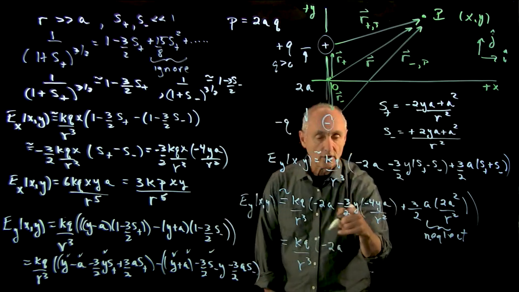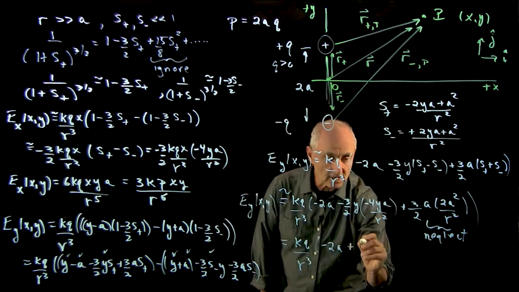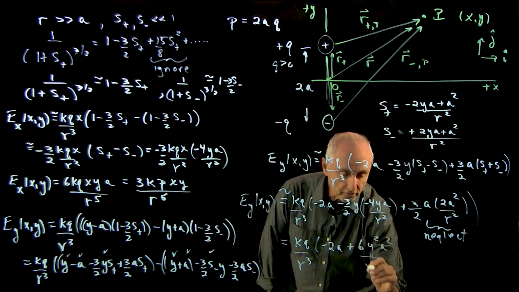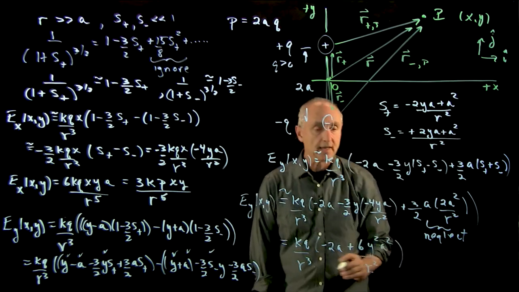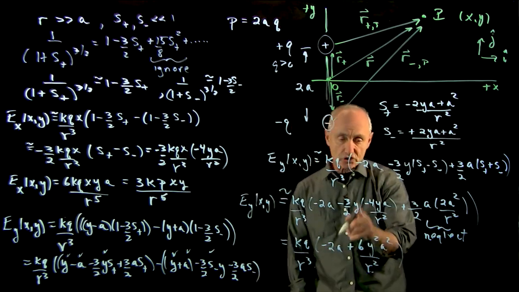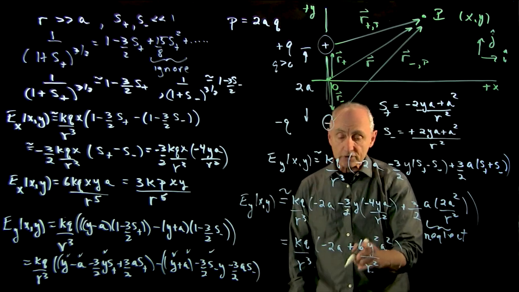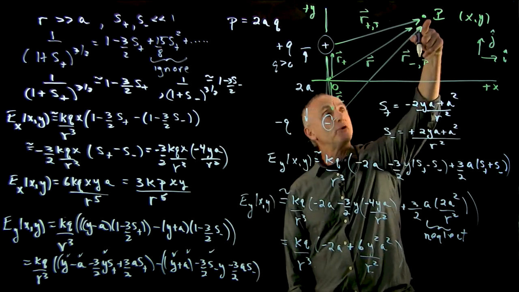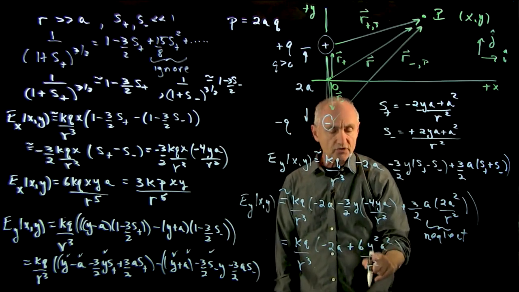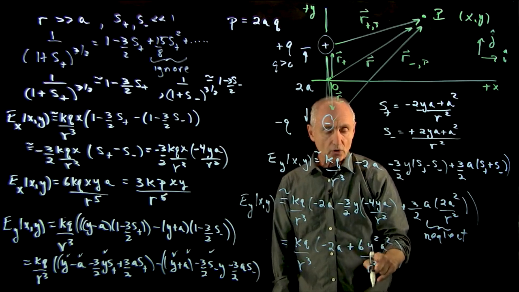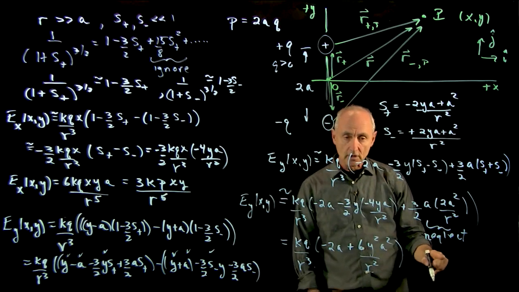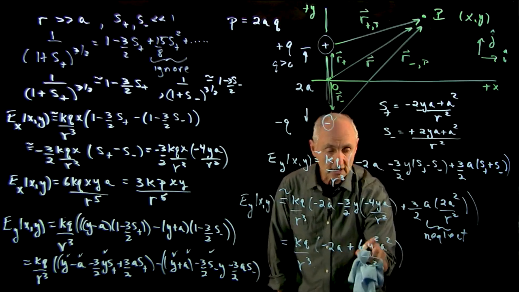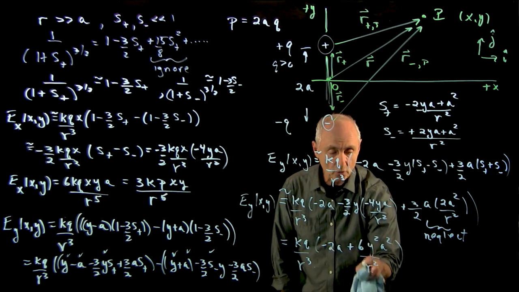Over here, we can write that as 6 y squared a squared over r squared. And now, again, let's just check orders. Why didn't we throw this term away, a squared over r squared? But remember, y is the position of the field point. It can be on the same order as r squared. So we should have no factor a squared here, and that's a nice check because these have the same order.